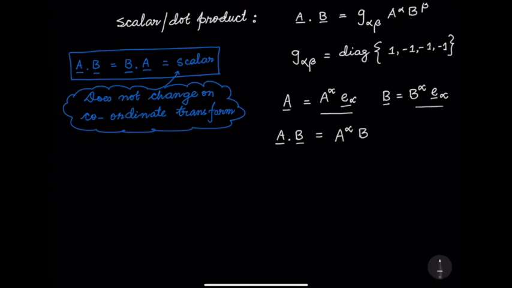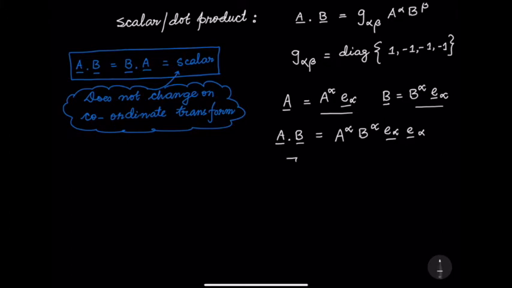Now I could have written A alpha, B alpha, E alpha, E alpha in this line, which I was trying to write. But if I do that, then you may think... so let me write that and then I will change it. Why you should not write it should be clear then. If I do this, remember that if alpha is repeated, it is summed over.